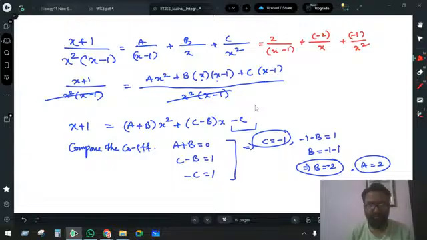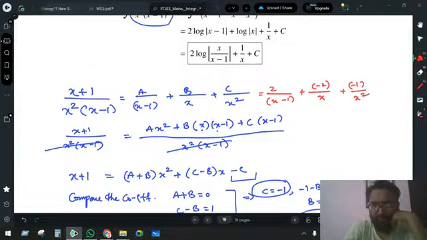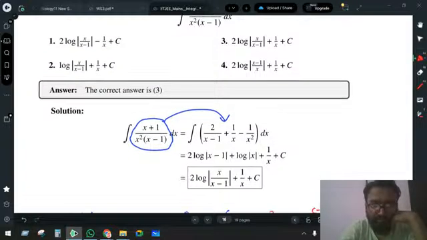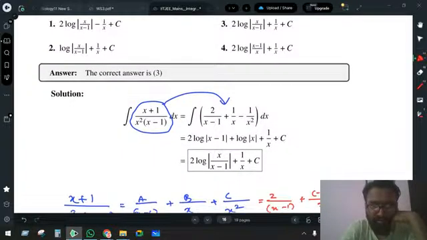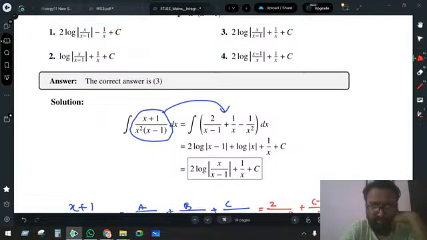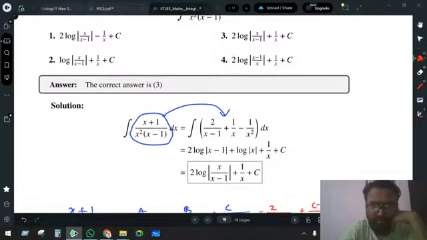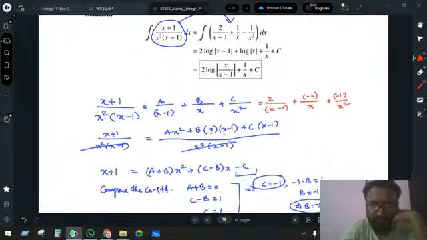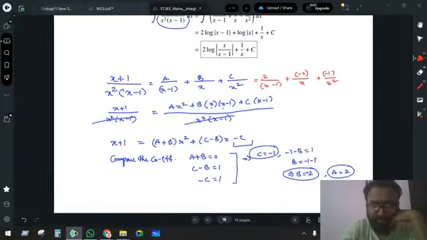The C is equal to minus 1 and B is equal to minus 2. I think the answer is also wrong. No, the answer might be right. Let me check carefully.